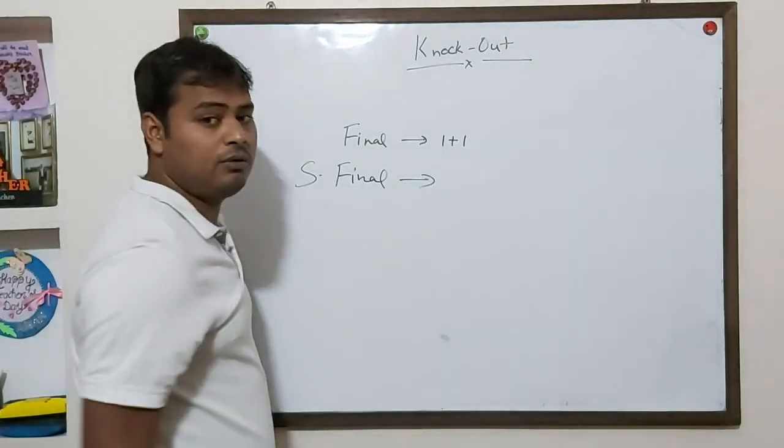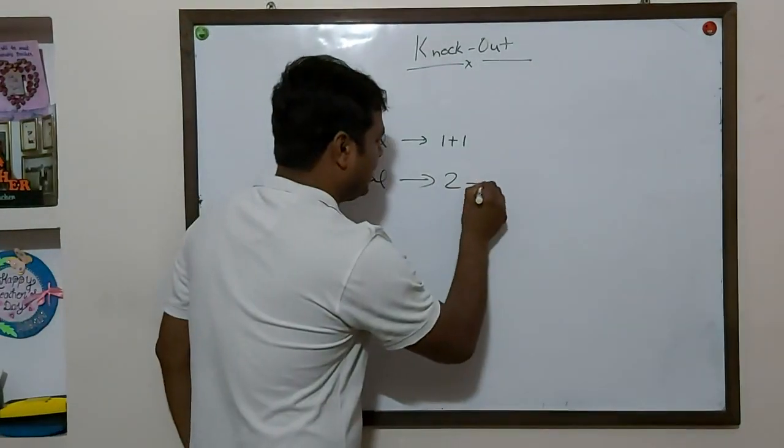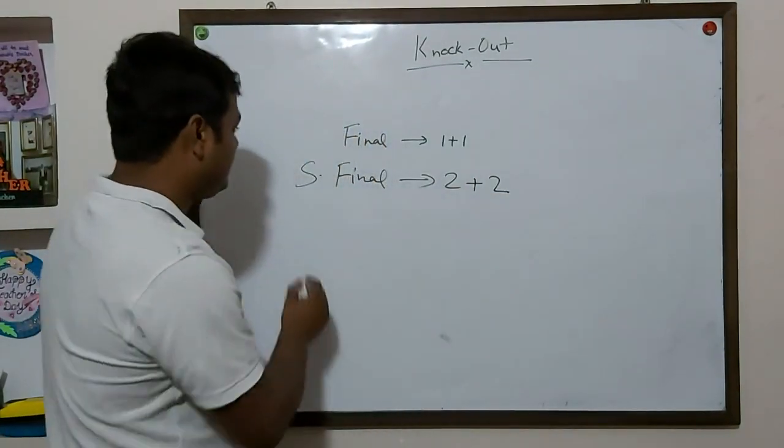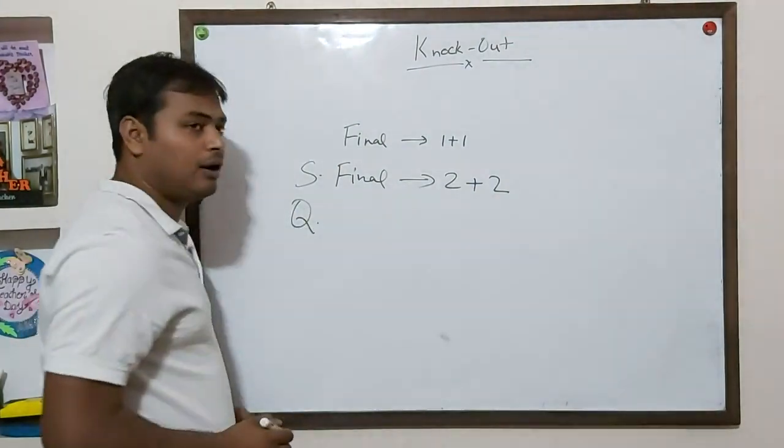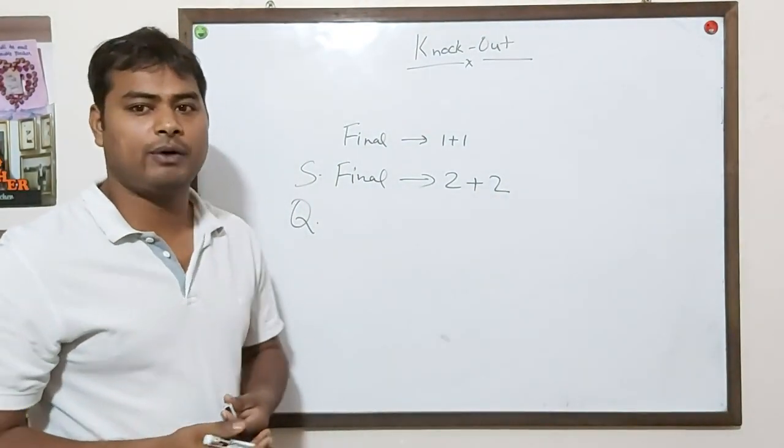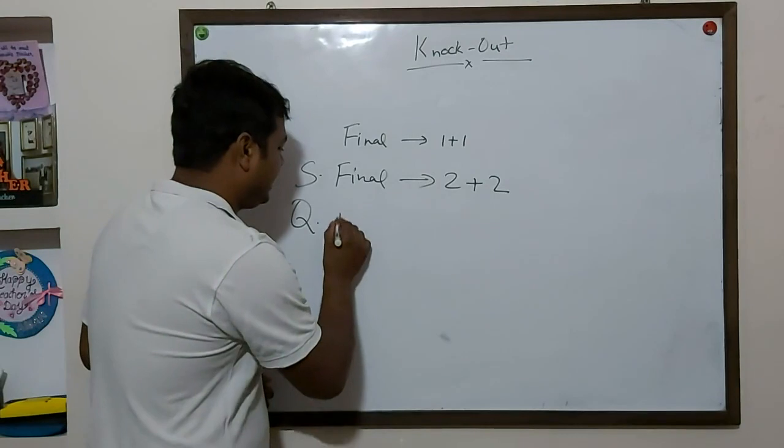In the semi-final round, we require four teams. Same for the quarter-final round. For quarter-final rounds, how many teams do we require? We require 8 teams.